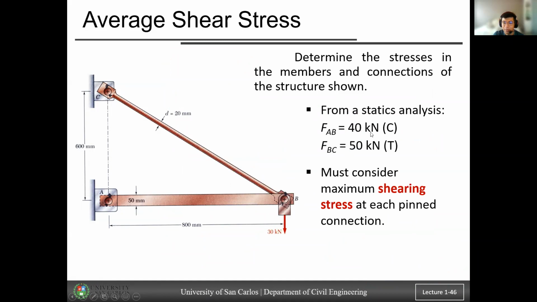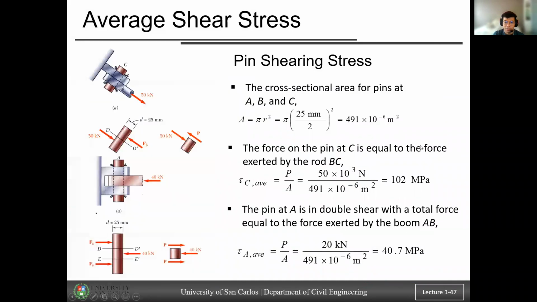Okay, so this one is coming from the previous example, so you may try to review the last recording. 40 and then 50 kilonewtons for the internal forces of members AB and BC. So this is the answer that we have calculated earlier.